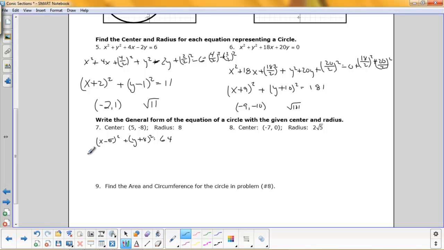Alright, so then I get a squared minus 2ab plus b squared, plus a squared plus 2ab plus b squared.